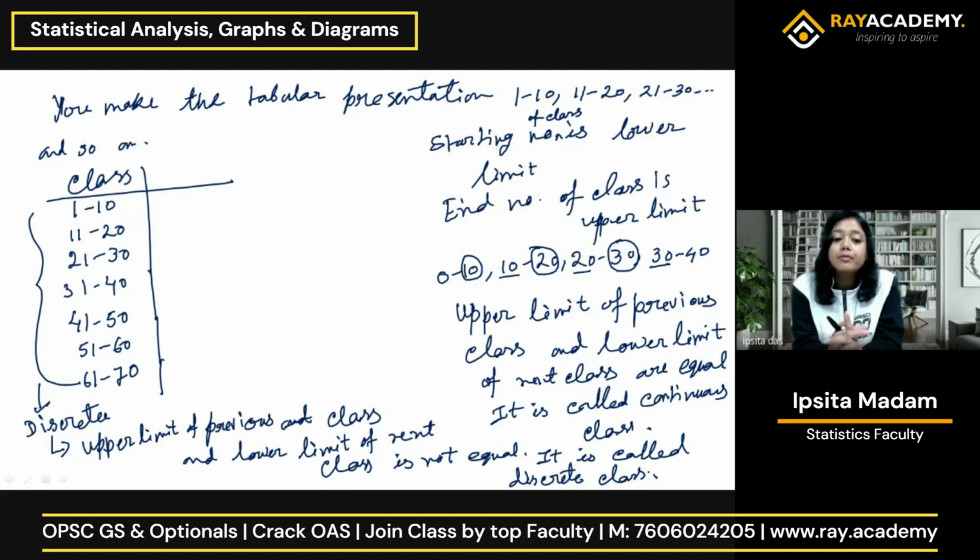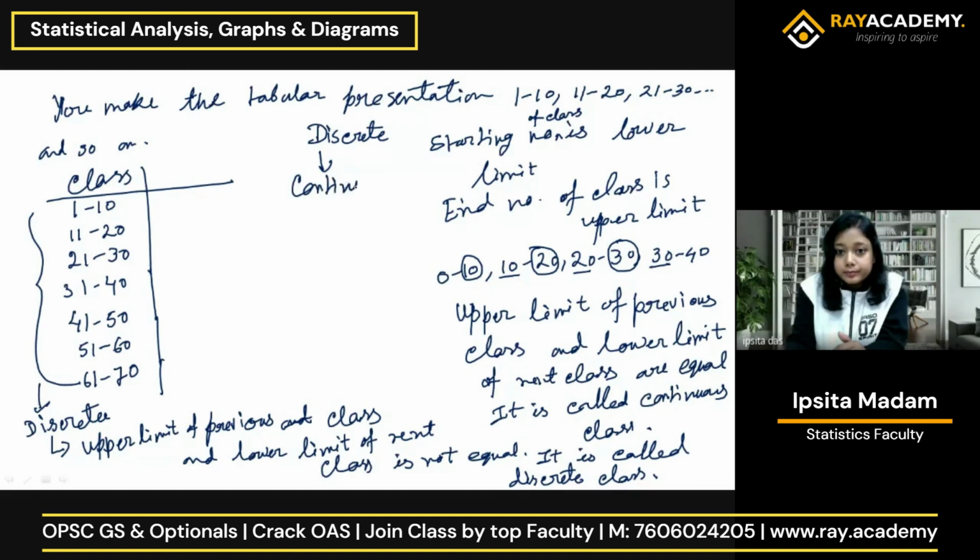So when you have the discrete class, it must be converted to the continuous class. How? Discrete to continuous: lower limit minus 0.5 and upper limit plus 0.5.